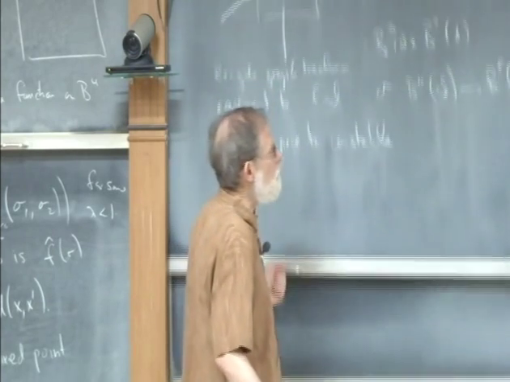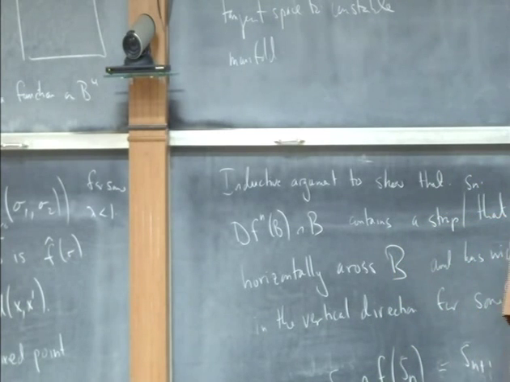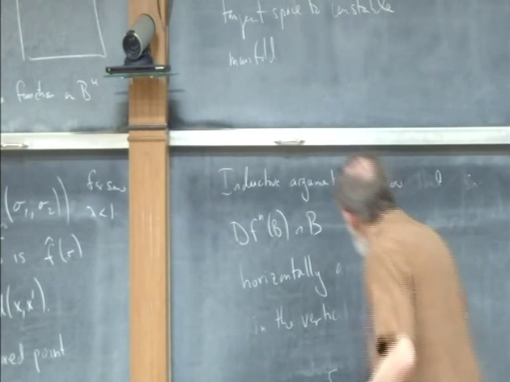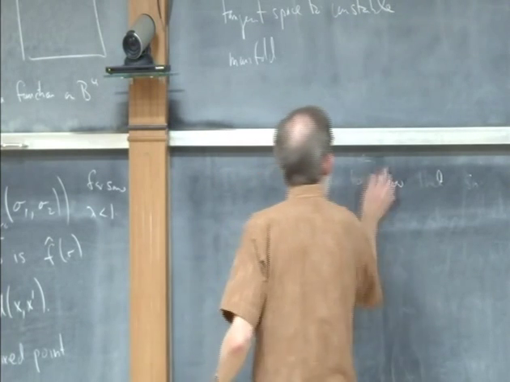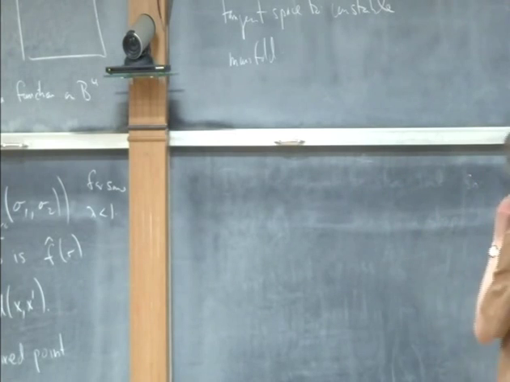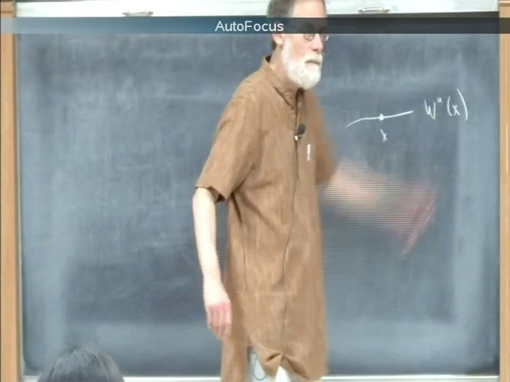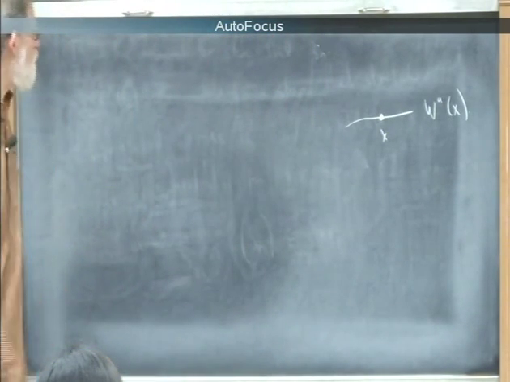If we have the Anosov situation, and I want to find W^U, a leaf through x, which is going to map to a leaf through, well, I want to find an unstable manifold for x.